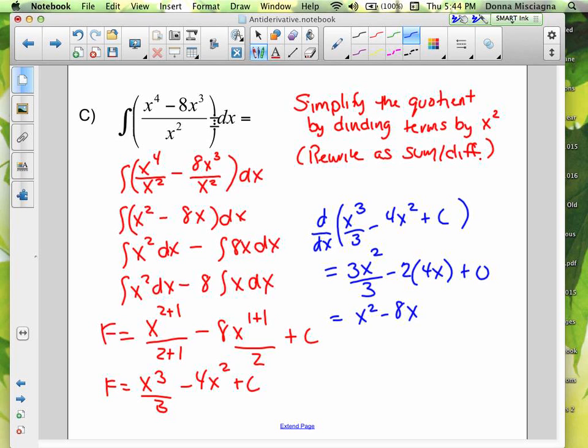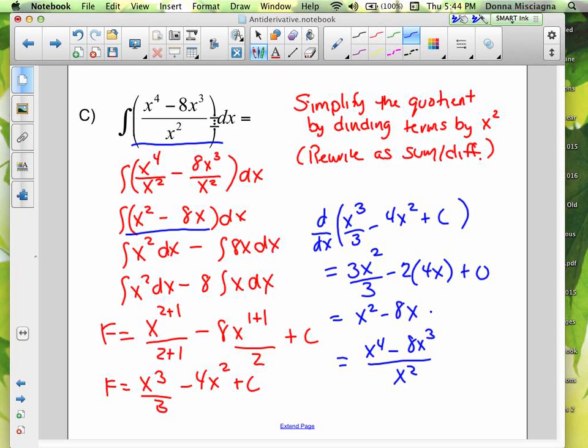Is that the same as our answer there? x to the 4th minus 8x cubed over x squared. Well, yes, it is, because that's what we rewrote. x squared minus 8x is the same as this here.